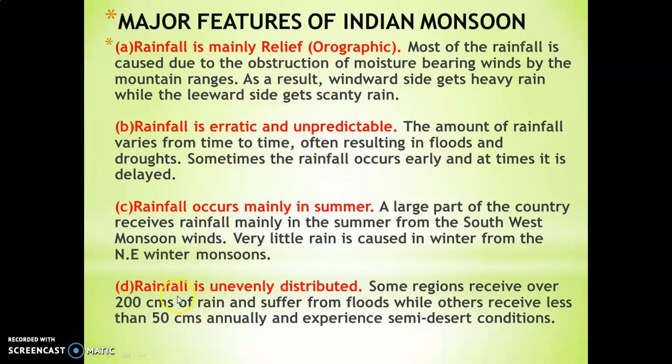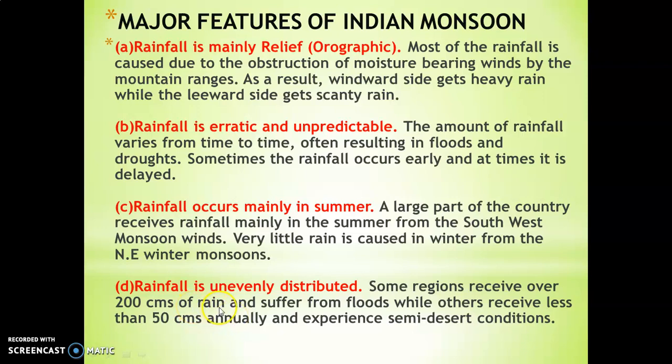Next, rainfall is unevenly distributed. If we compare different states of India, here I am talking about only one year. Some states receive more than 200 centimeter rainfall.